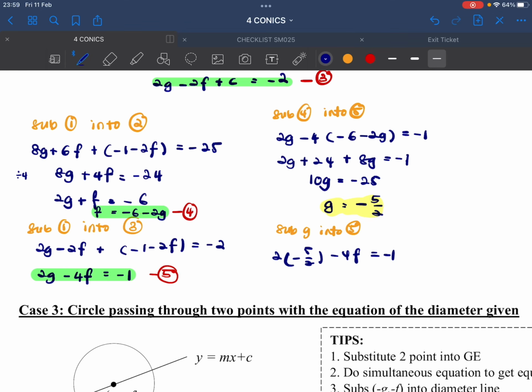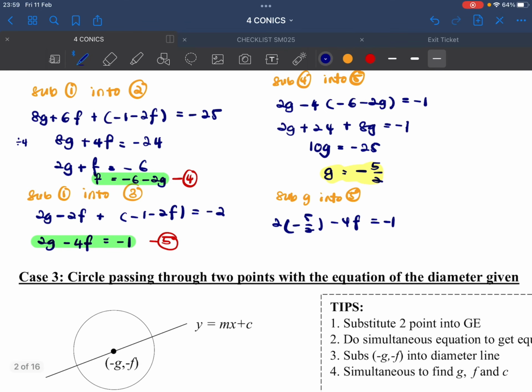So here we have negative 5 over 2 times 2, we have negative 5 minus 4f equals negative 1. And so here we have 4f equals negative 5 plus 1, we have negative 4. And lastly, we have f equals negative 1. Okay, so we get the answer for f.